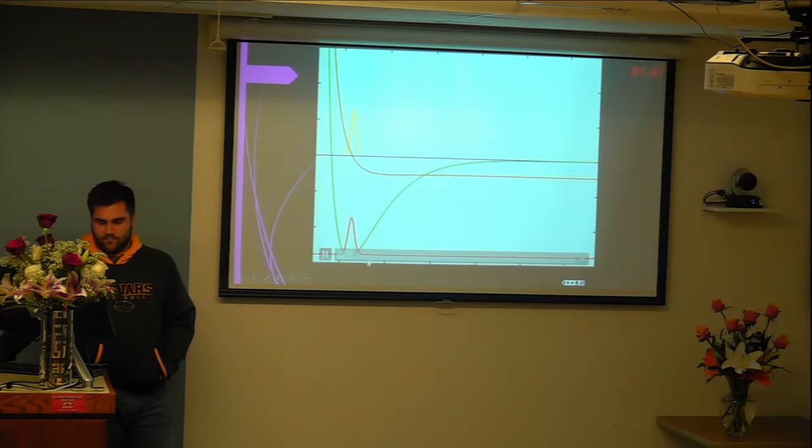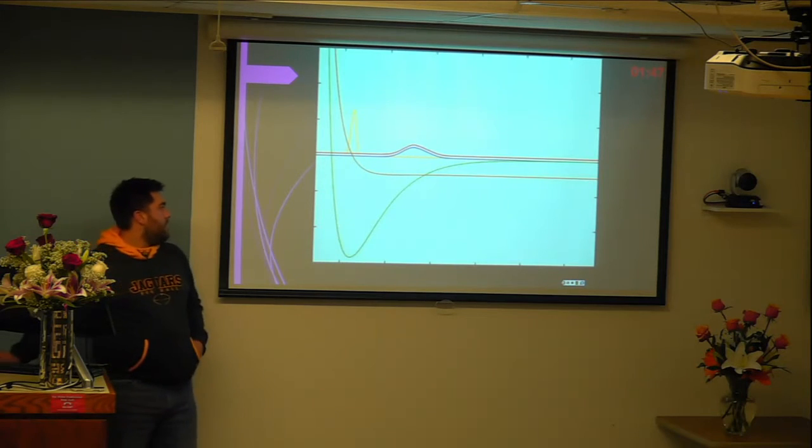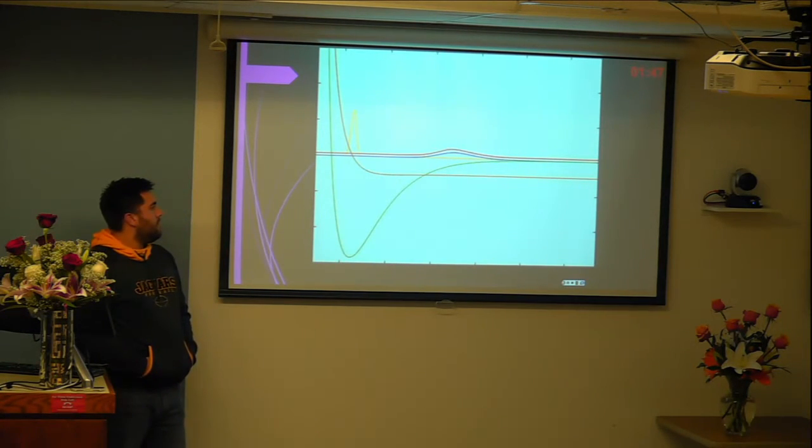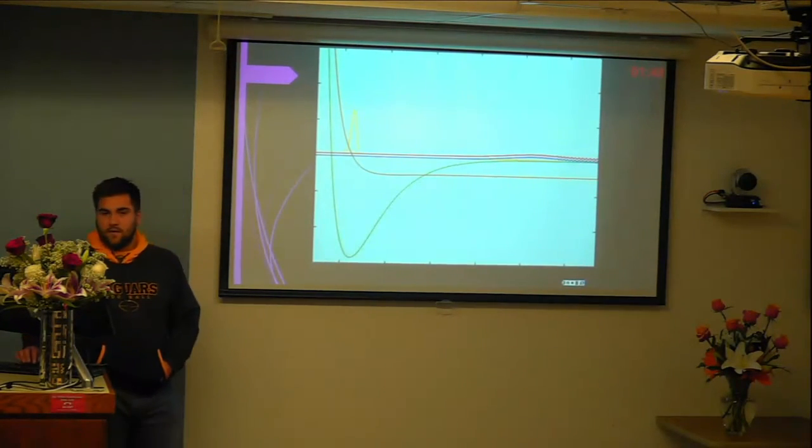You skipped halfway through. Yeah. The excited state is like the mustard color. Yep. So now it went underneath the ground state energy. In this example, it doesn't transfer back to ground.